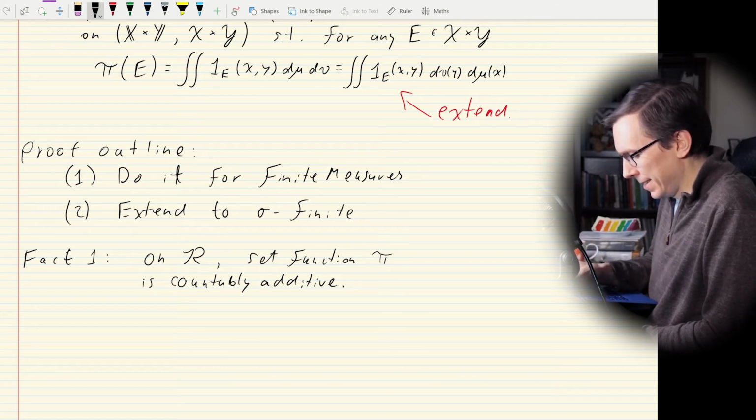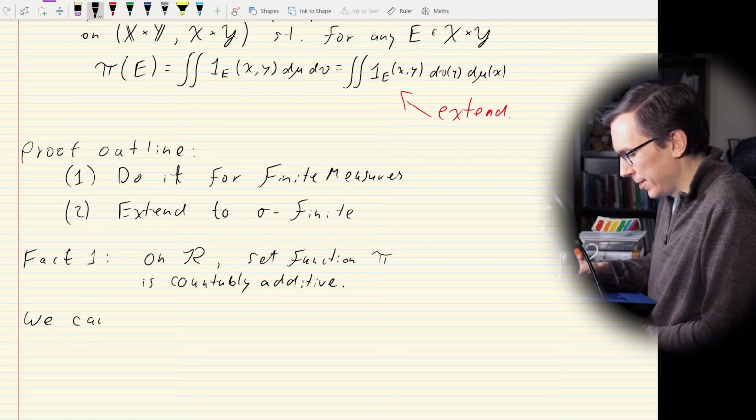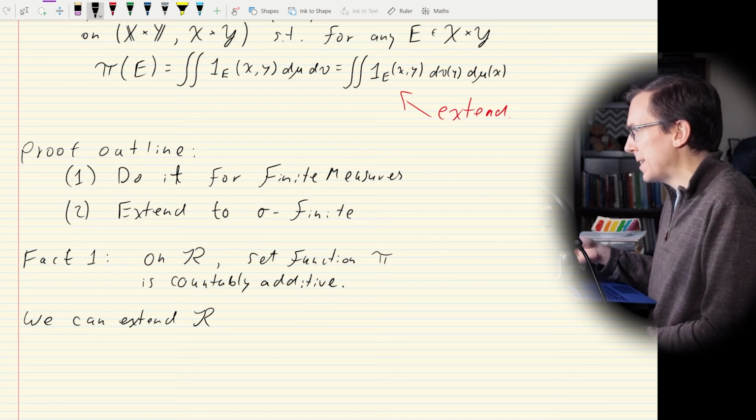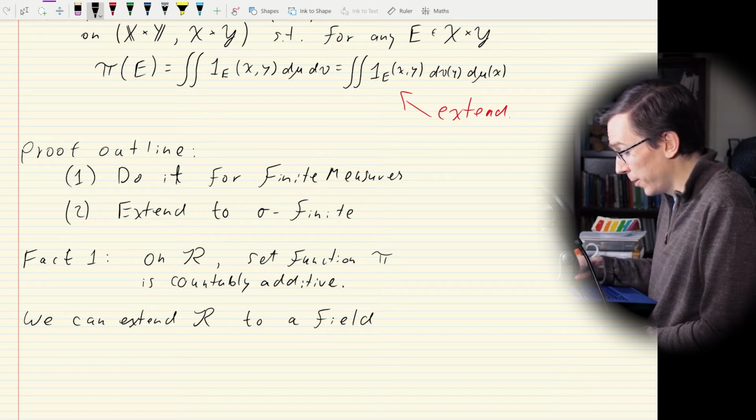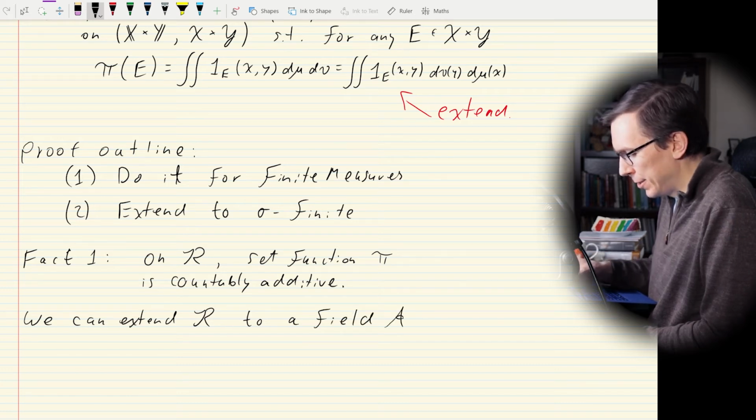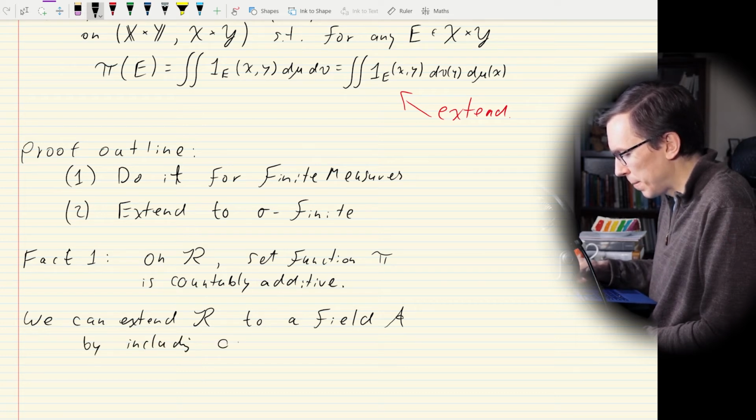Next, we can extend R, which happens to be, is it a ring? No, it's a semi-ring, I think. Yeah, it doesn't really matter. We can extend R to a field, or an algebra if you like, A, by including countable unions of rectangles.